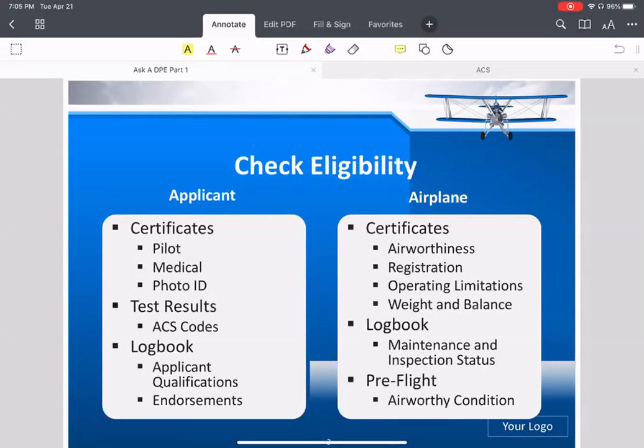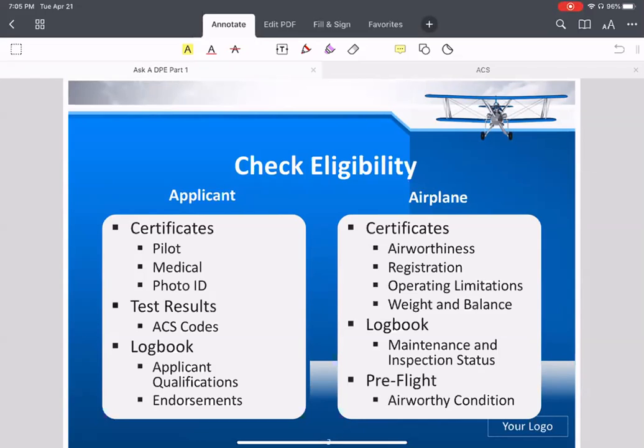Now, one of the most important things is your names have to match, so on the pilot certificate, the medical certificate, the photo ID, and the knowledge test results all have to have the same name.